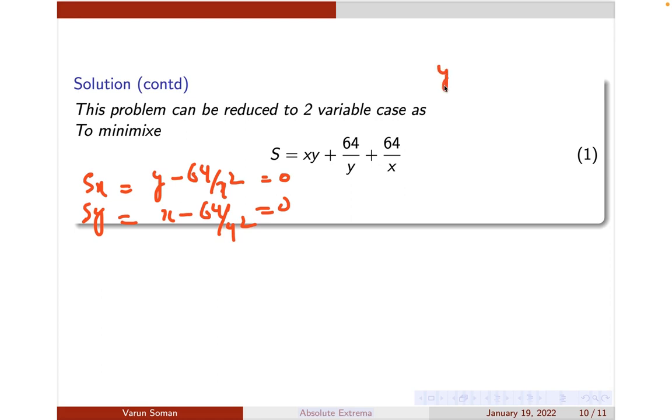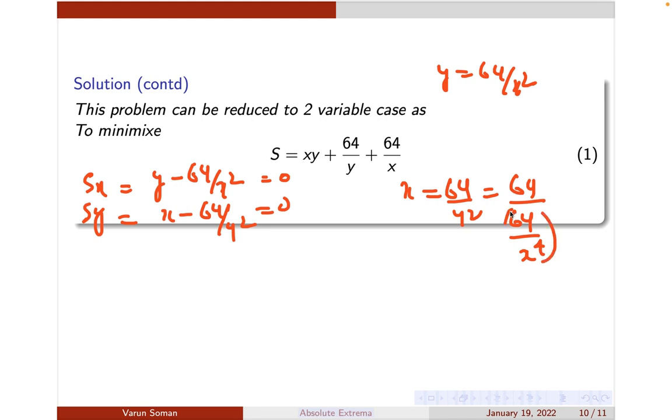From the first equation you get y equal to 64 by x square. Substituting in the second one, you get x equal to 64 by y square, which is 64 by 64 square by x raised to 4.